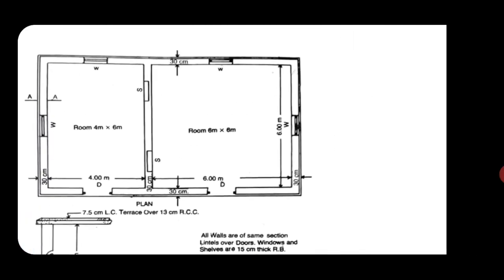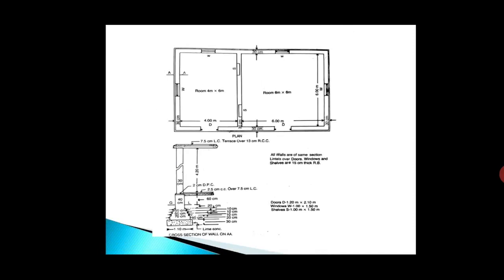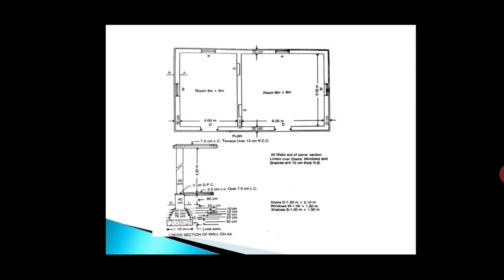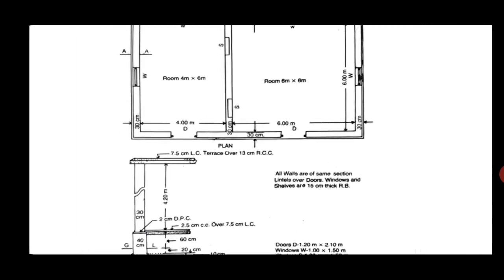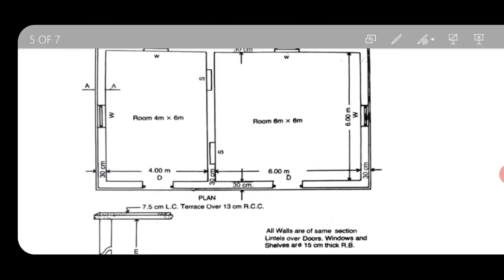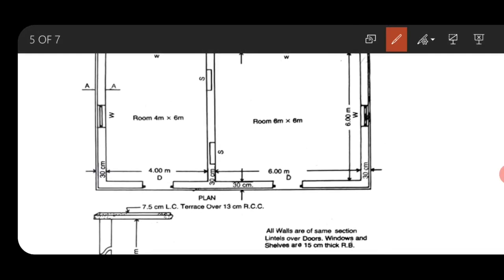Okay, then before going to the estimation of individual item, first we have to find out the center to center length of both long wall and short wall. So here you can see, generally the wall which is running longitudinally, we will take that as long wall.